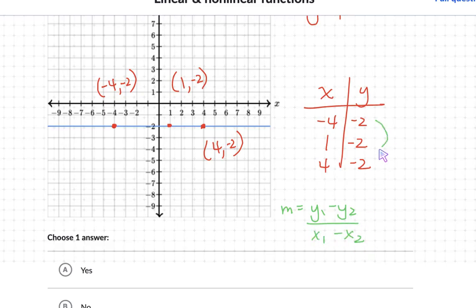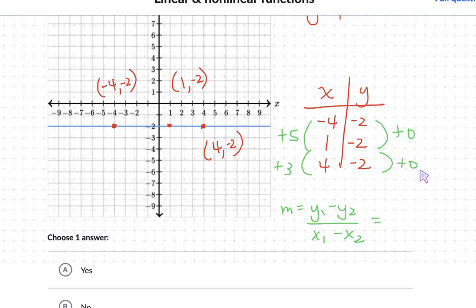From our table, we can just do an easy subtraction here. To get from -2 to -2, I didn't do any changing. -2 to -2, also no changing. -4 to 1, let's see, I would add 5 to get there. And then from 1 to 4, I would add 3 to get there.